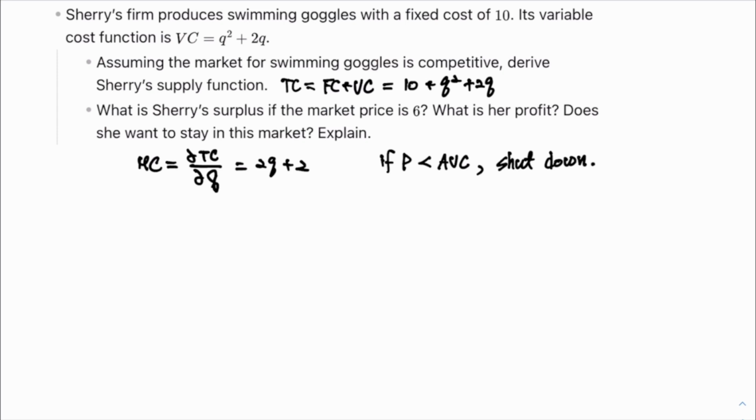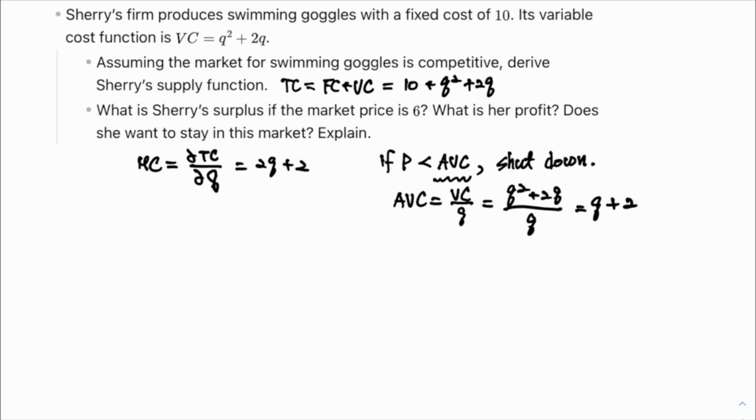So we need to find the average variable cost. Average variable cost is variable cost divided by Q. So q squared plus 2q divided by q, which is q plus 2.